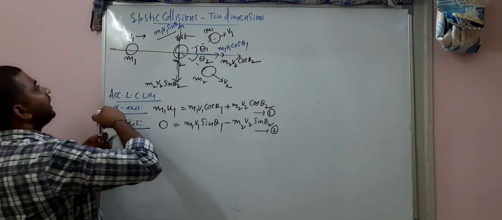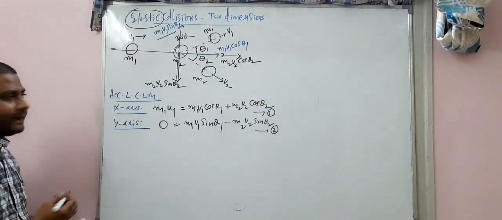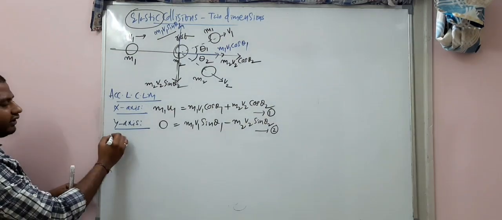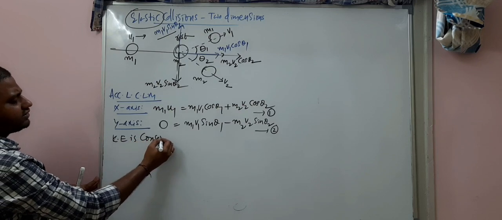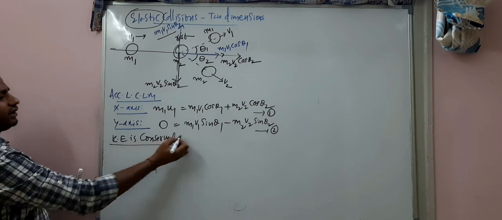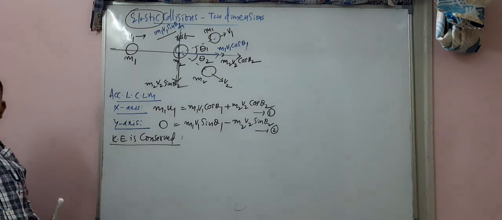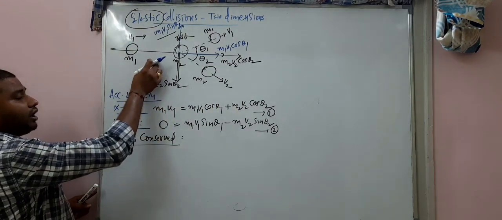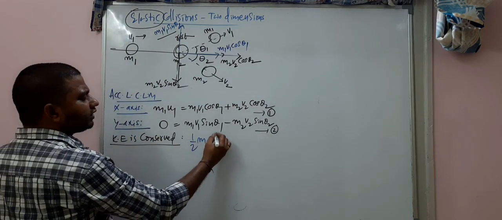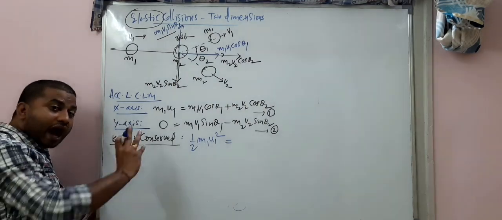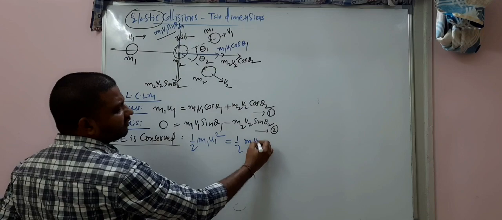As we are talking about the elastic collision, my dear students, in an elastic collision, kinetic energy is conserved. And when kinetic energy is conserved, what can I write? Before the collision, kinetic energy of the system, half m1 u1 square, is equal to, after the collision, kinetic energy of the system, half m1 v1 square.